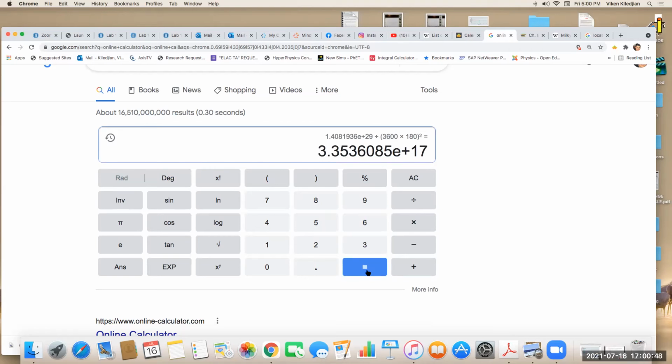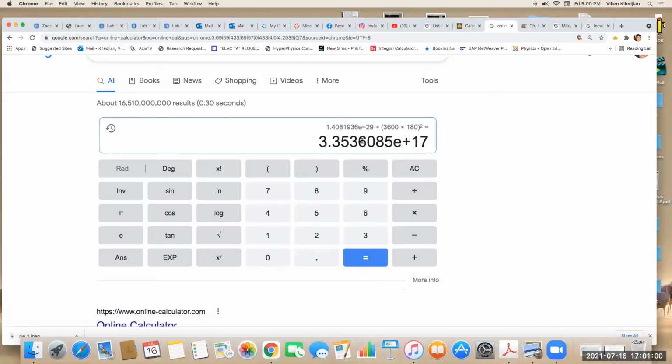Okay, so that means the dark matter is that many times heavier than our sun. Right? We're always comparing things to our sun. 3.353 times 10 to the 17 times the mass of the sun. It's probably too heavy, I think, but you kind of get the idea that that's how to go about it.